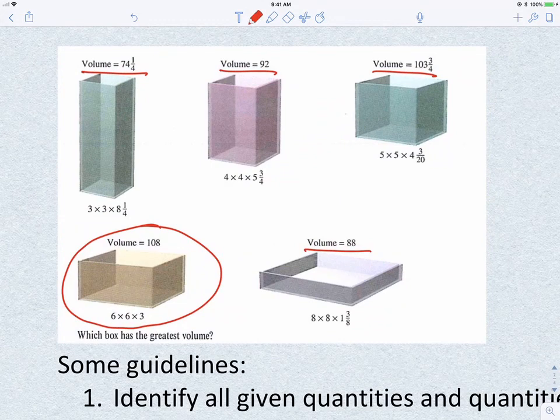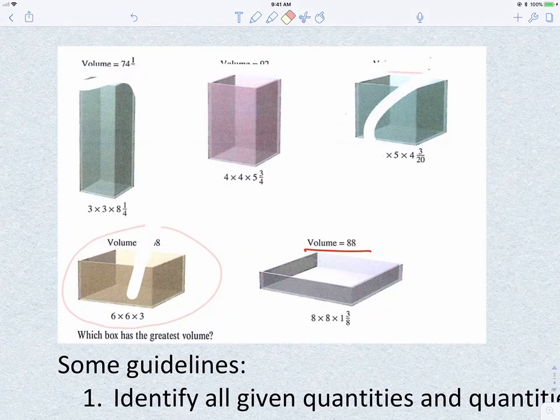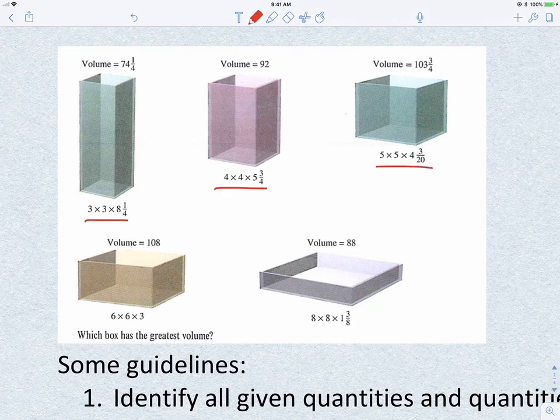Let's take a look here at what we're talking about. So these are all different boxes that if you notice their dimensions, if you were to do the surface area using all of these dimensions, like 4 by 4 by 5.75, if you worked out the area of that, it would come out to be 108. The same would be true here of my 5, and my 4 3/20, right?